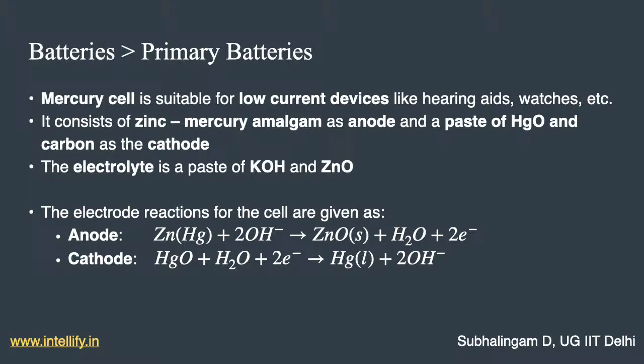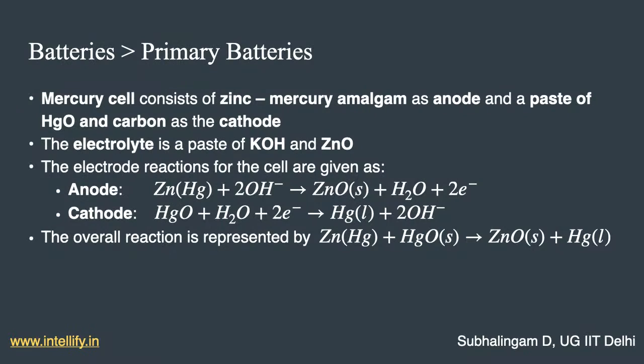So these are the half cell reactions for the mercury cell. The overall reaction is represented by Zn(Hg) plus HgO giving ZnO plus Hg.